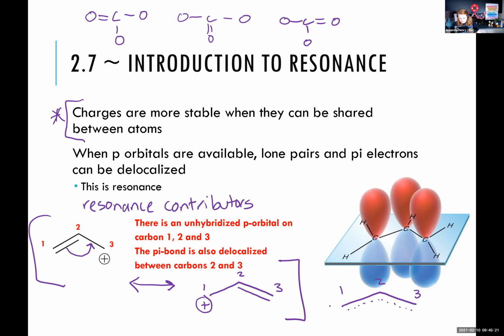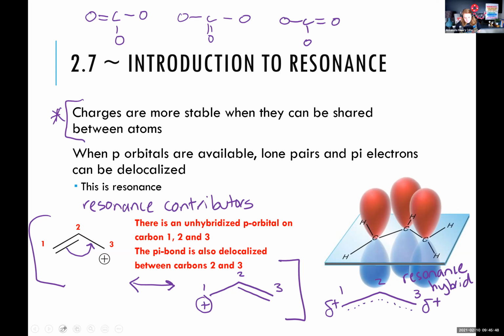We're going to draw it as a partial charge. This guy is called the resonance hybrid. So because that charge can get shared between carbons 1 and 3, it makes it a more stable structure.